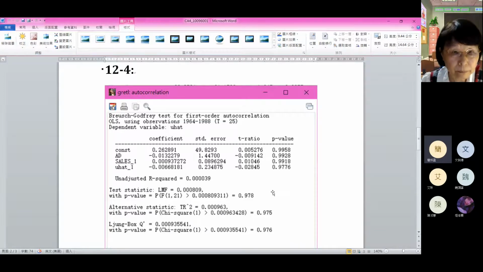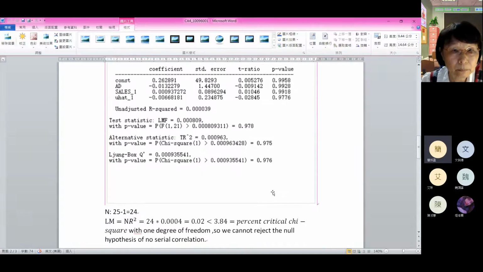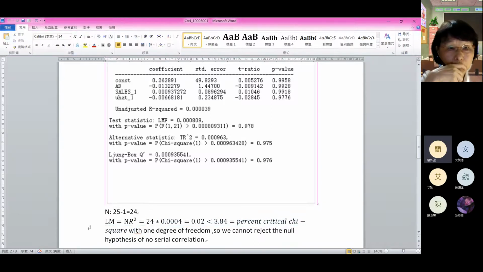We can see that our n is 24 and our r squared is 0.00039, and we multiply 24 by our r squared, and we get 0.02, which is smaller than 3.84, the 5 percent critical chi-square with 1 degree of freedom. So we cannot reject the null hypothesis of no serial correlation.